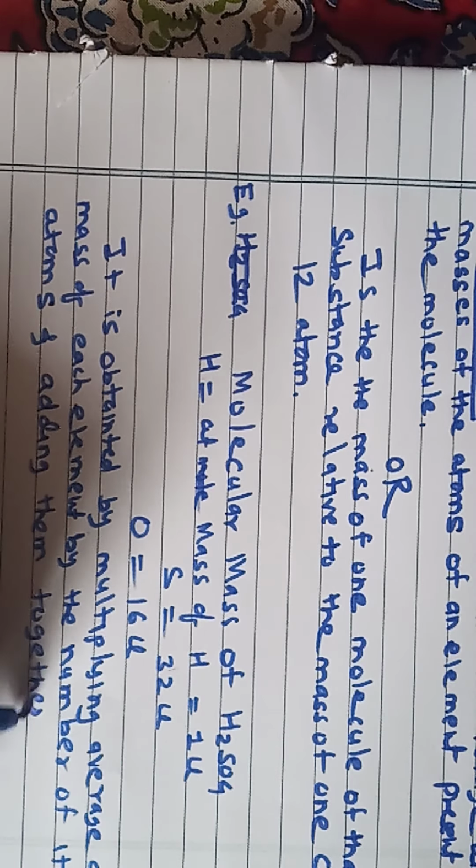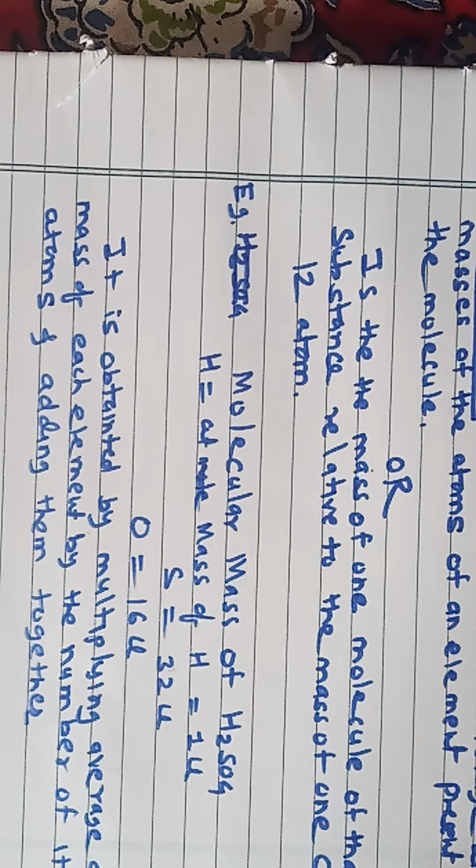So whatever the average atomic mass of hydrogen, oxygen or sulfur you obtained, multiply it by its number of atoms. Here hydrogen are 2, oxygen are 4, so multiply by this number, and when you add all these average atomic masses, you get the molecular mass of H2SO4.